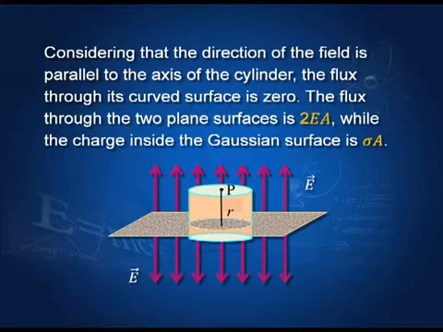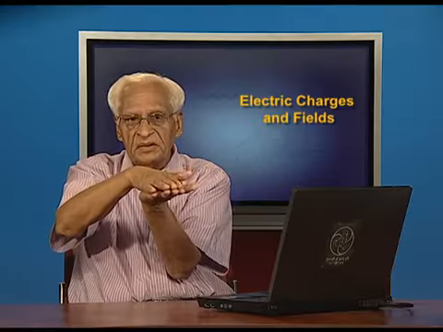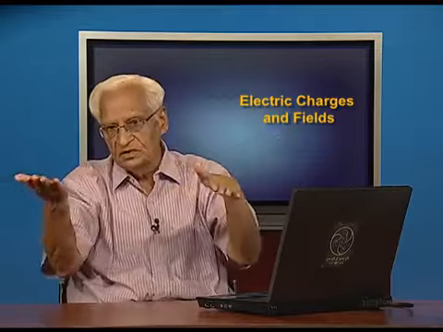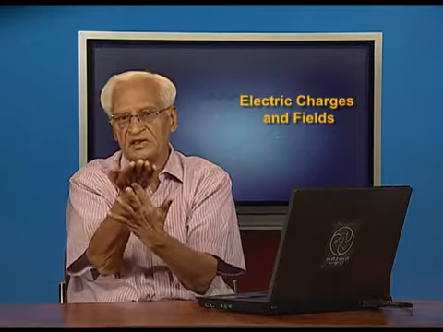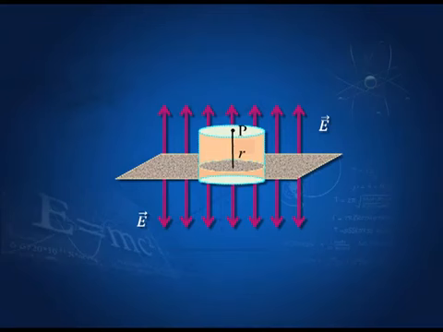So, what we do? We now erect a Gaussian surface on this sheet, and what is this Gaussian surface? Gaussian surface is a cylinder, and however thin the sheet may be, it has two surfaces, one here, one here. So, therefore, this cylinder encloses the sheet, the surface on this side and the surface on the other side.